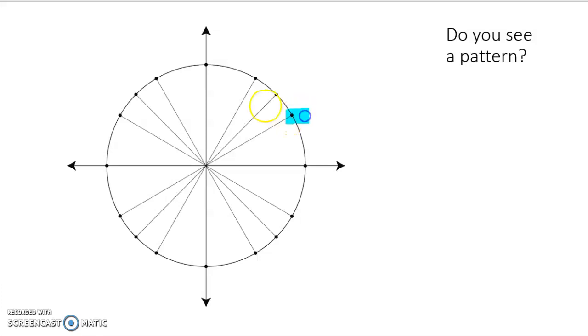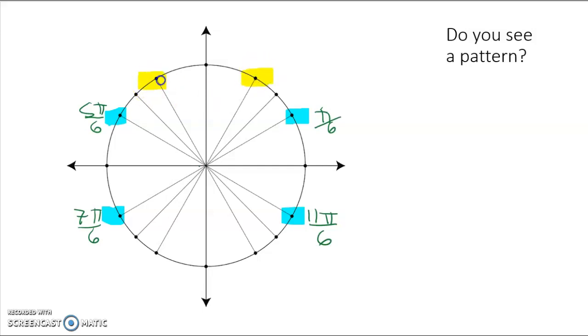Here's our 30-degree measures, which are now pi over 6 pieces. So pi over 6, 5 pi over 6, 7 pi over 6, and 11 pi over 6. Here's our 60-degree angle measures.